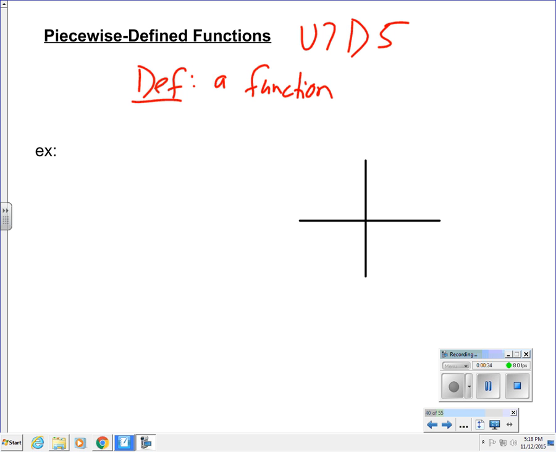This is a function that is defined by two or more different equations over a specific domain.